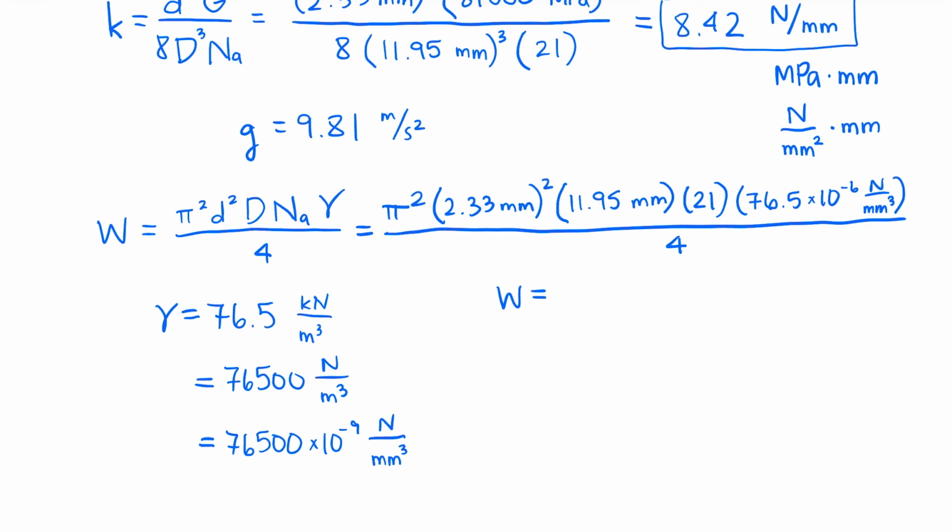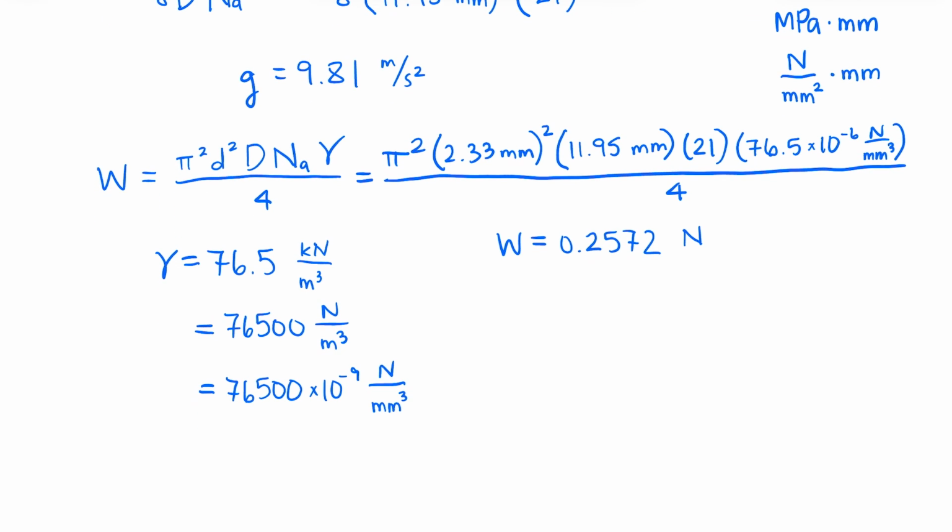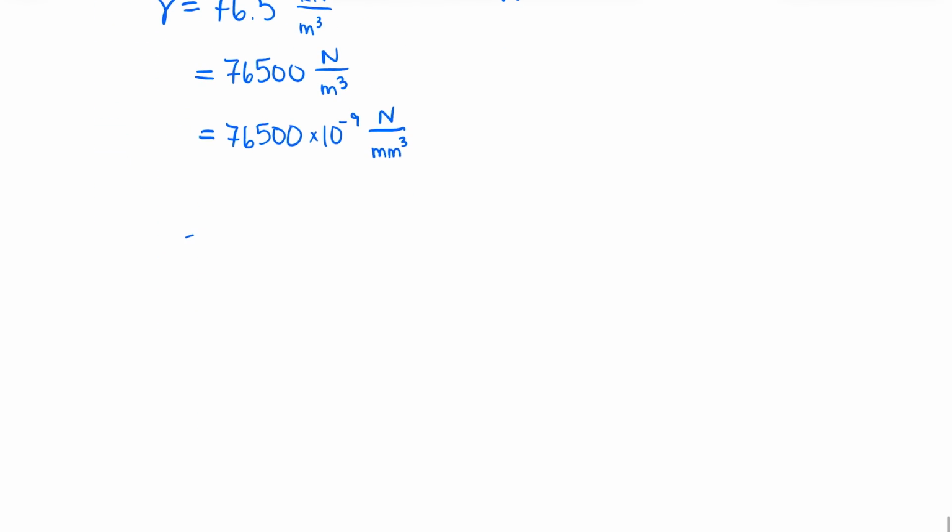So plugging this into a calculator, I get 0.2572 newtons. And this is slightly different from the value that they came up with in the textbook, but rounds up to about the same. And then we are ready to plug into our equation for the natural frequency.